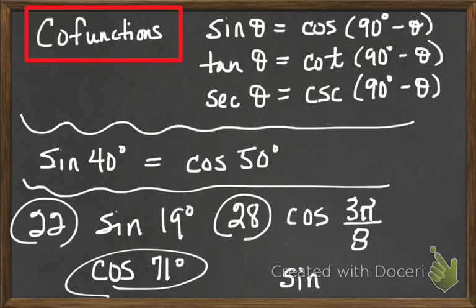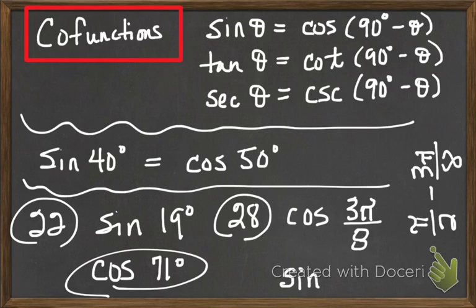And then you're going to do 90 minus 3 pi over 8. But we need to change 90 into radians. What's the radian measure for 90? Pi over 2. So you'll do pi over 2 minus 3 pi over 8.